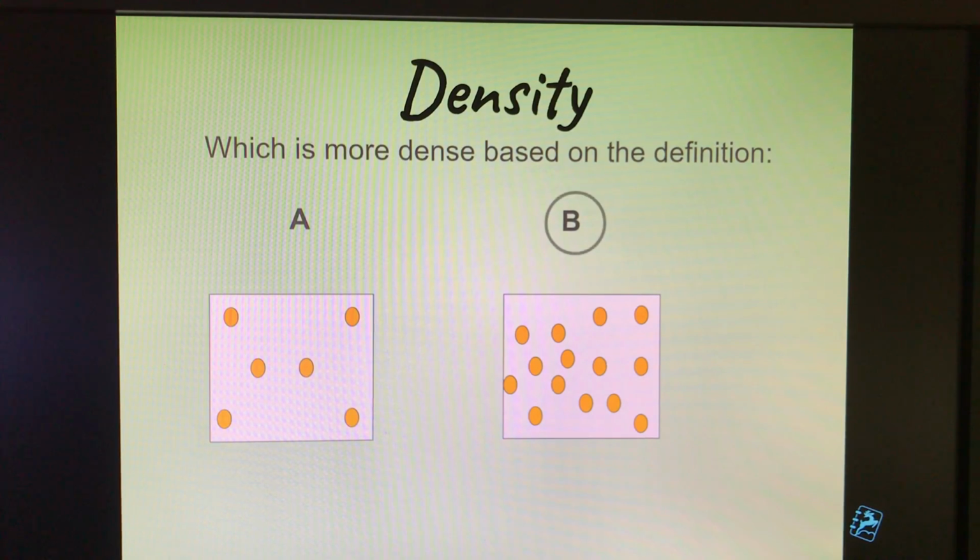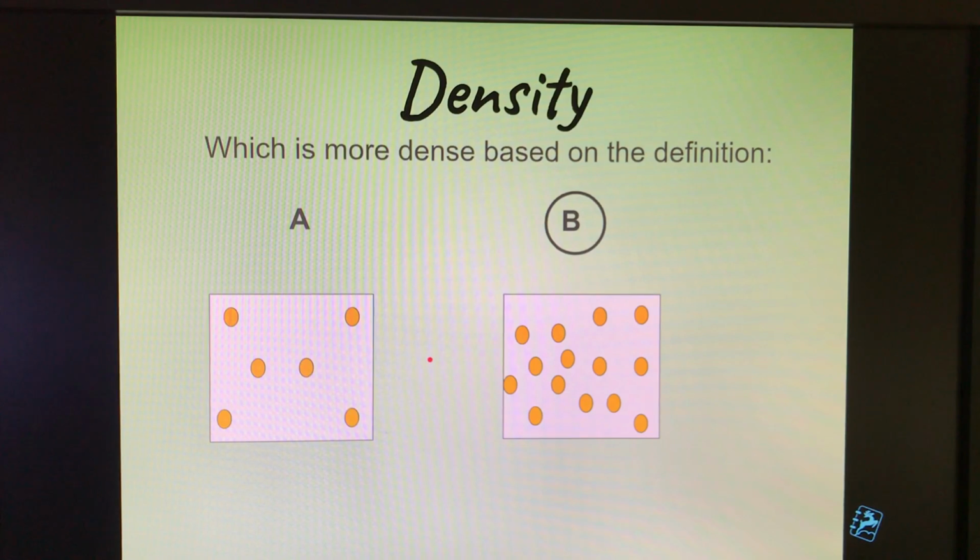If you selected B for being more dense, you'd be absolutely correct. B has more atoms within the same given volume as the other object. So, because it has more atoms and they're more tightly packed, B is more dense.